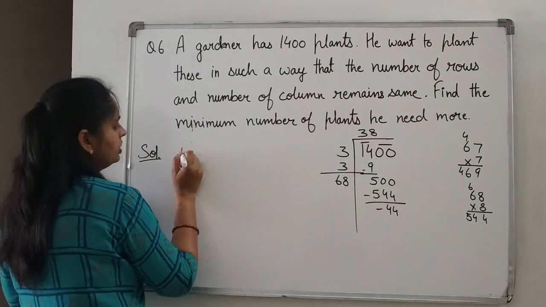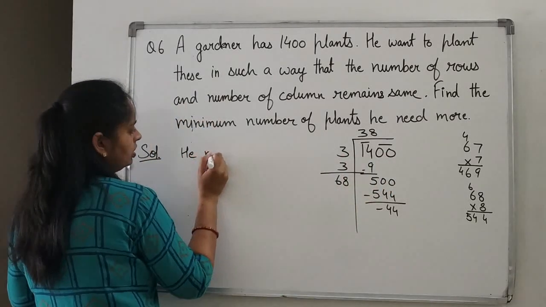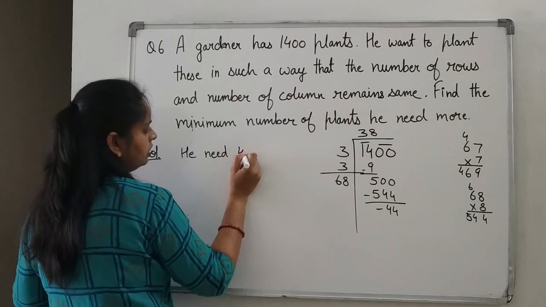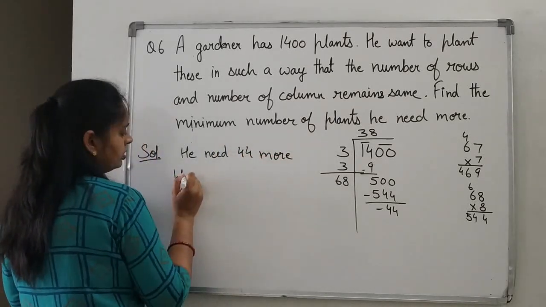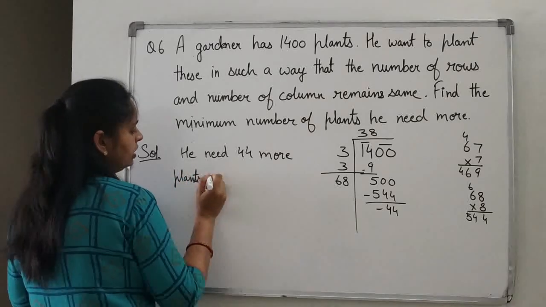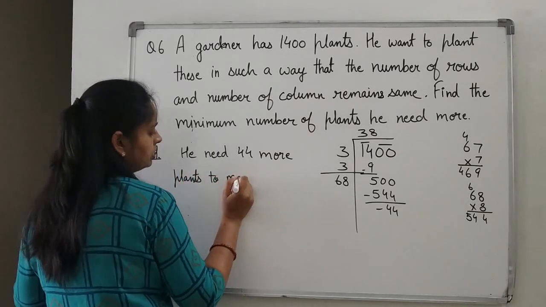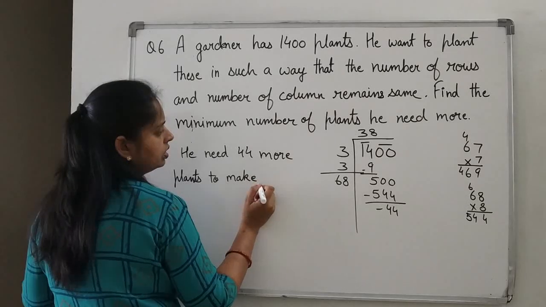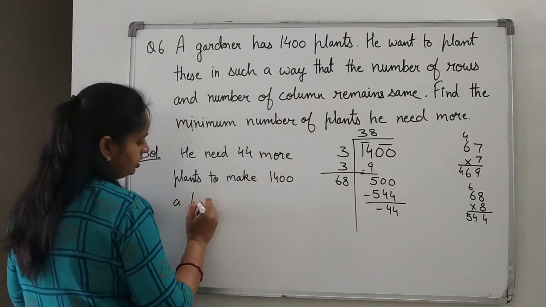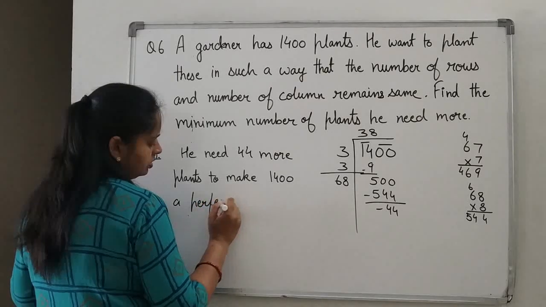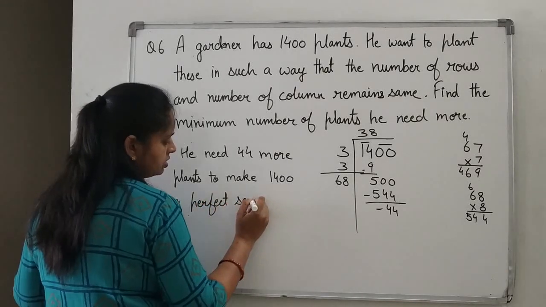So we need 44 more plants to make 1400 a perfect square. This is the only answer for that.